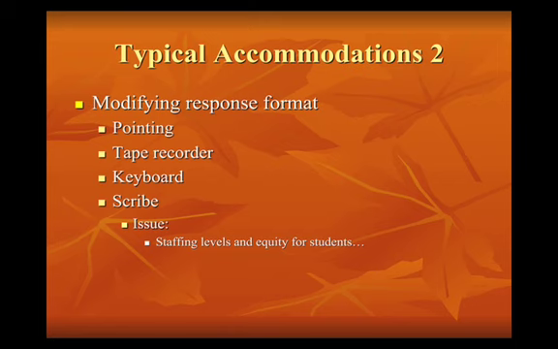So I think even as we think about modifying tests and the kinds of accommodations that we can provide, one of the core issues is equity. Do all students have equal access or even similar access to these kinds of assistive devices and to these kinds of help, where we have adults that can come in and provide specific services.